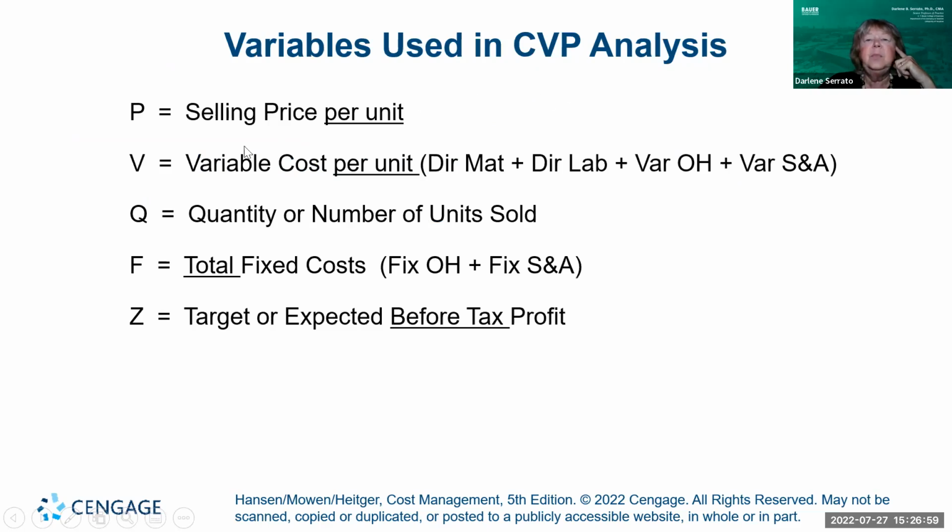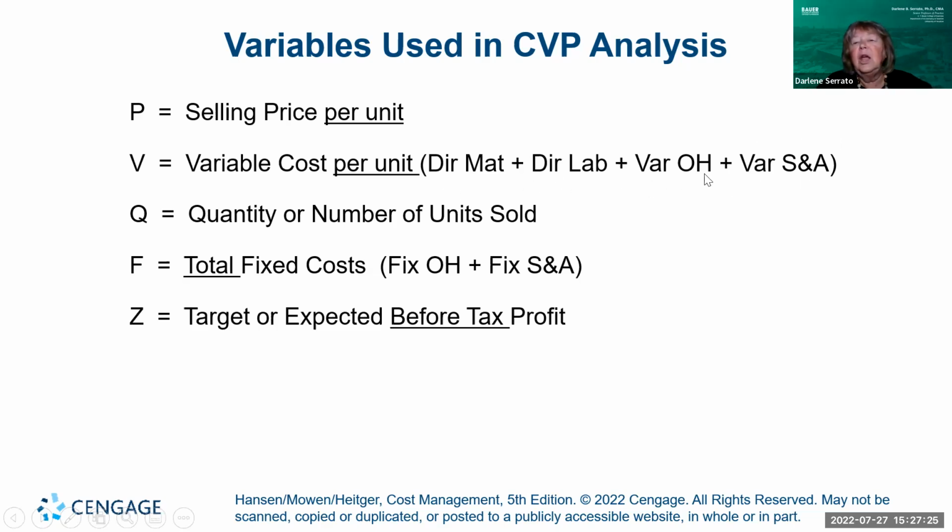So to do CVP analysis, we have 5 different variables. P is your selling price per unit. V is the variable cost per unit: direct materials, direct labor, variable overhead, and variable selling and admin.